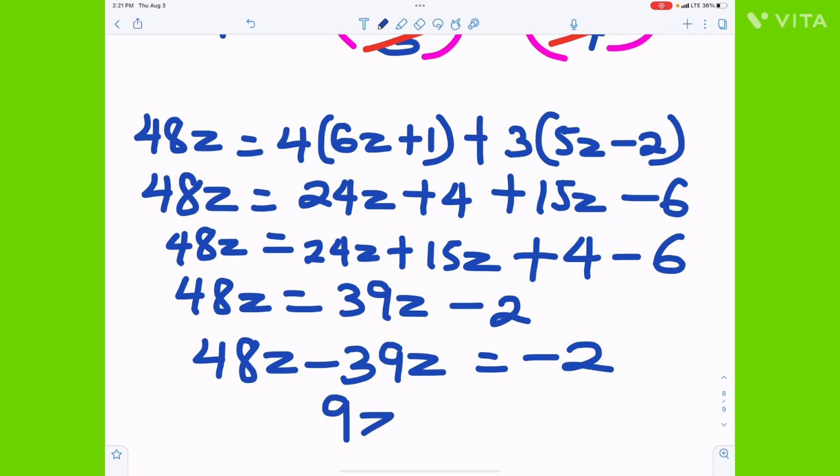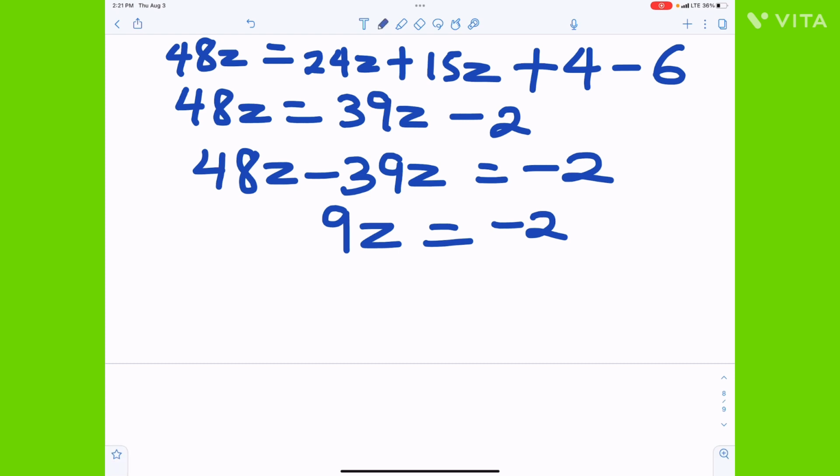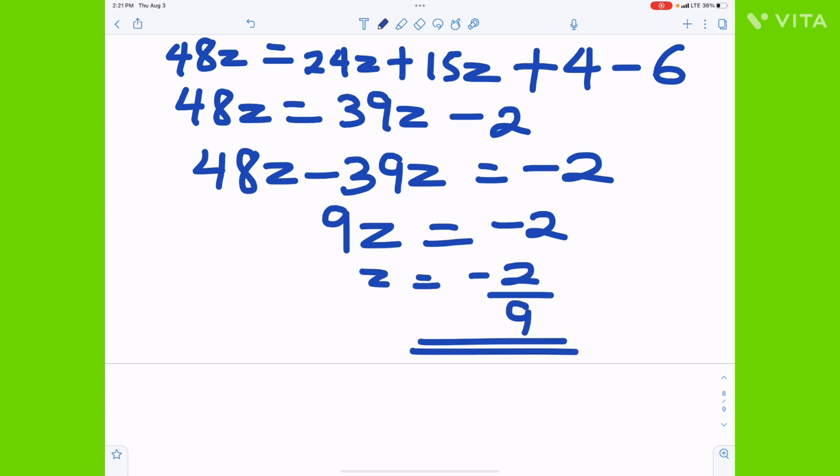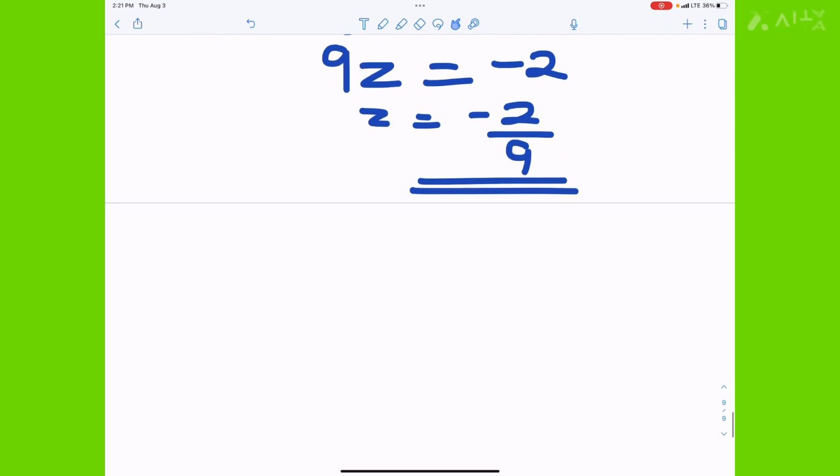That's 9z. 9z is equal to what? Minus 2. So that gives us what? Z is equal to minus 2 over 9. That's the answer to question 10. Z is minus 2 over 9.